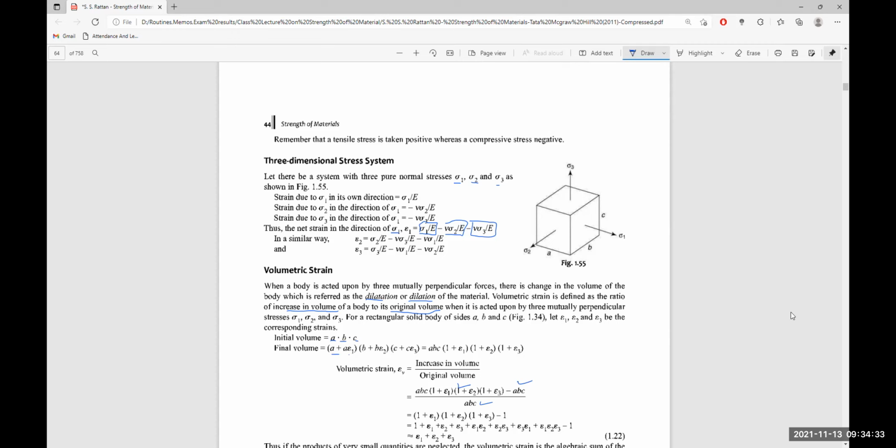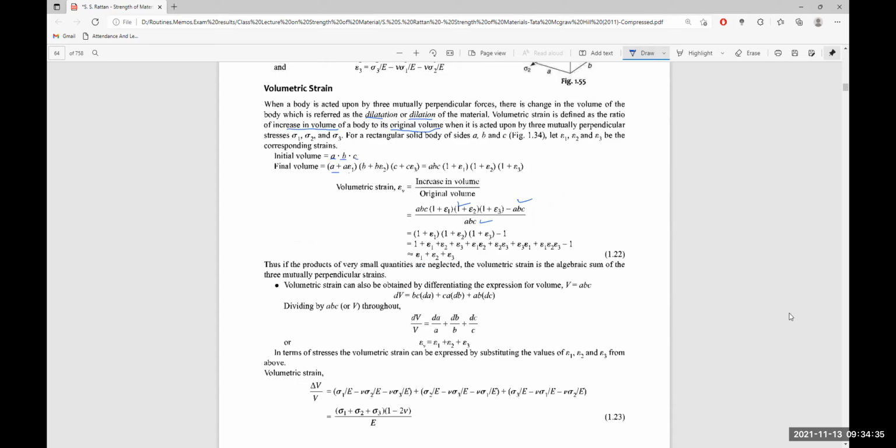The ABC will cancel from both numerator and denominator, and the relation will result in 1 plus epsilon 1 into 1 plus epsilon 2 into 1 plus epsilon 3 minus 1, which is more or less equal to epsilon 1 plus epsilon 2 plus epsilon 3, while neglecting the extremely small terms like the products of epsilons. These products are very small quantities and are neglected here.